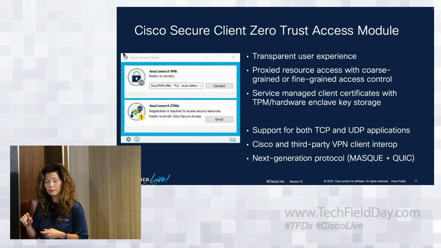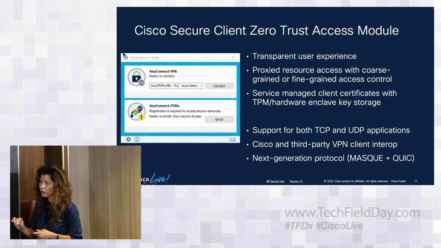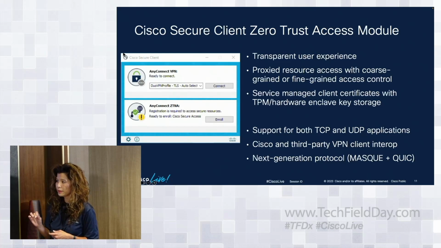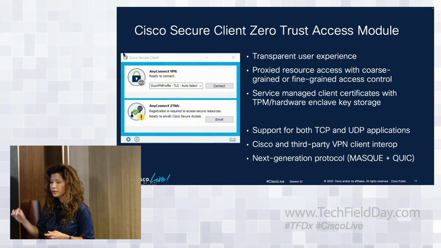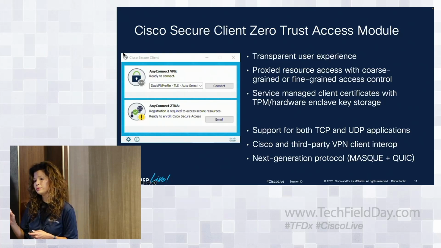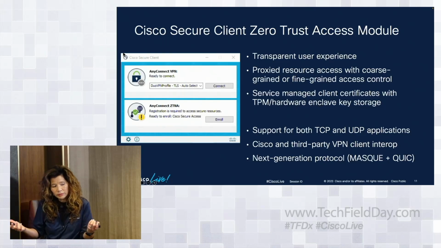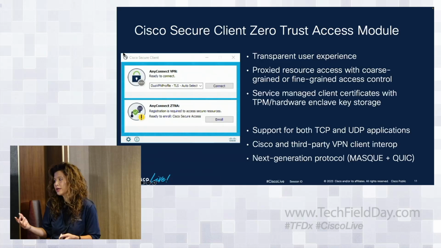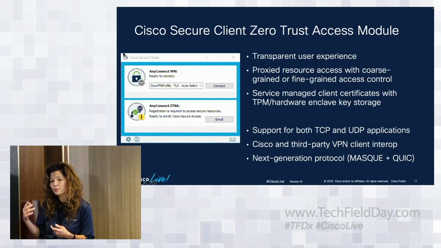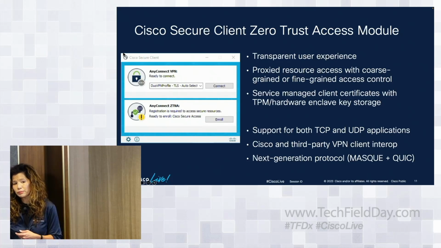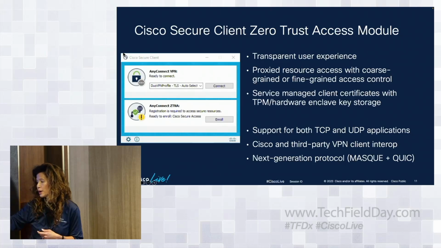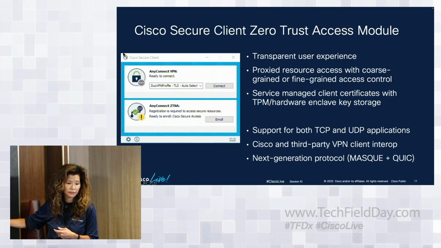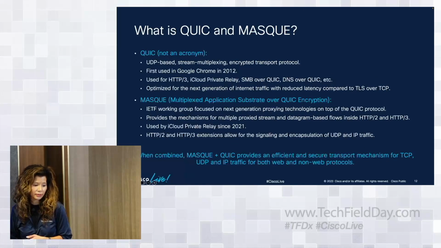So we can support all ports and protocols, and with these new modern protocols that I'm about to talk to you about, this enables us to support both our own VPN module capabilities, as well as interop with third-party VPN clients. These modern protocols that we're using are MASQUE and QUIC. So let me go into a little more detail about MASQUE and QUIC.